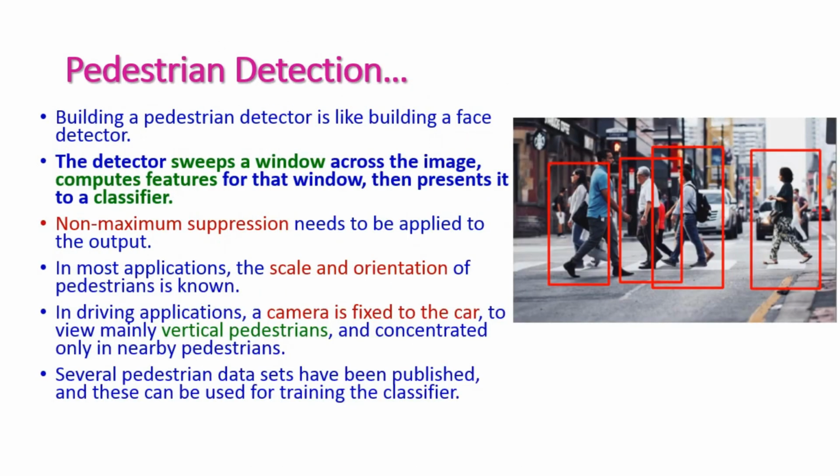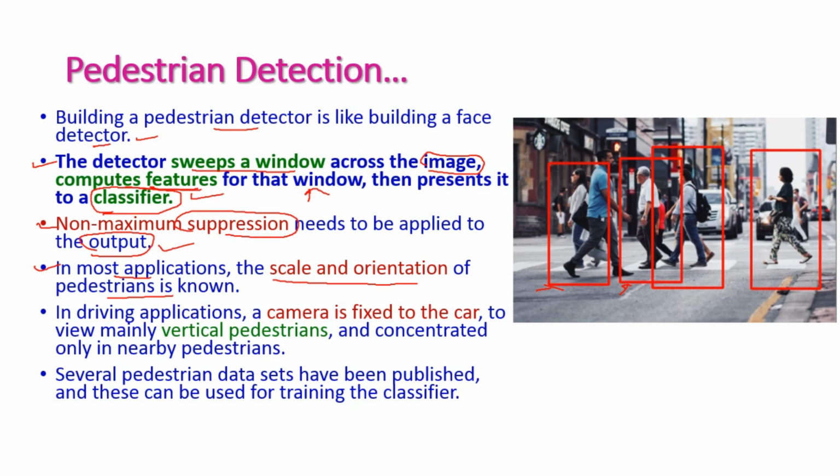Building a pedestrian detector is also like building a face detector. Here the detector sweeps a window across the image. See, there are windows across the image; we compute features for each window and then present them to the classifier, right? And non-maximum suppression needs to be applied to the output. In most applications, the scale and orientation of the pedestrian is known.